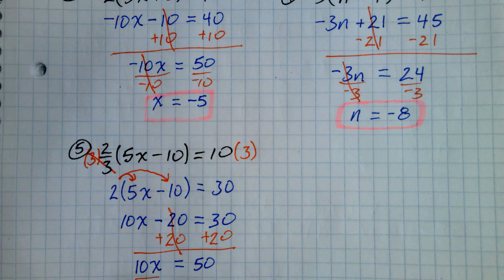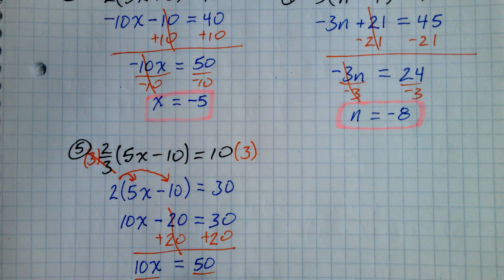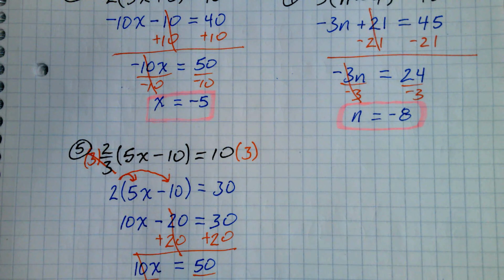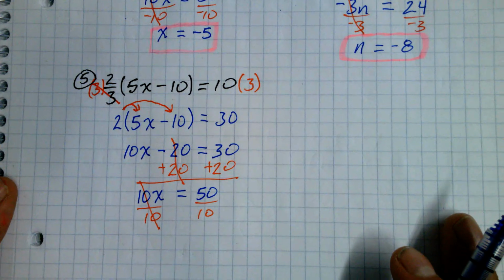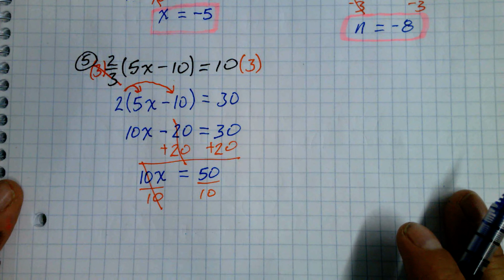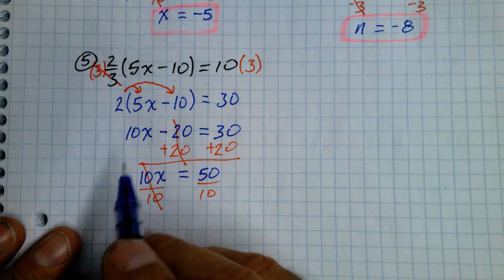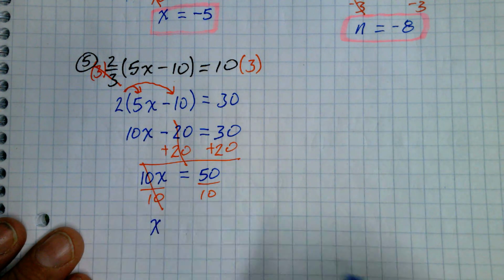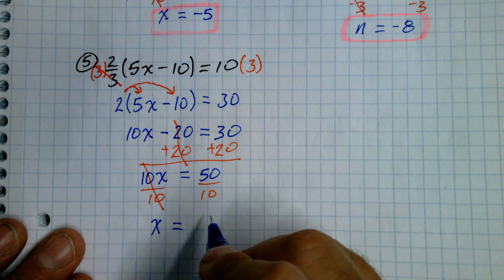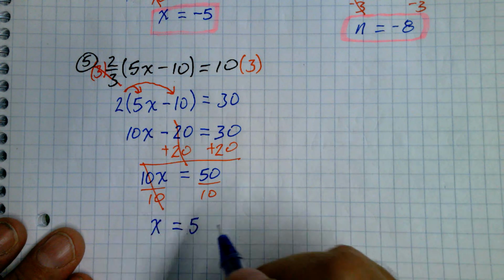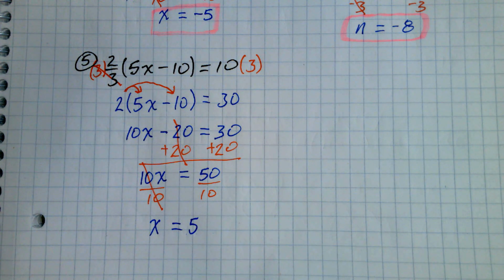And so divide out the 10. Cancel that. Right. There we go. Sorry. We finally get our final answer, which is 5. X is 5.